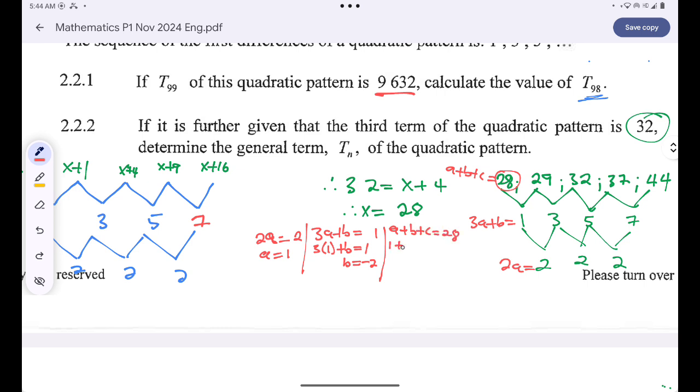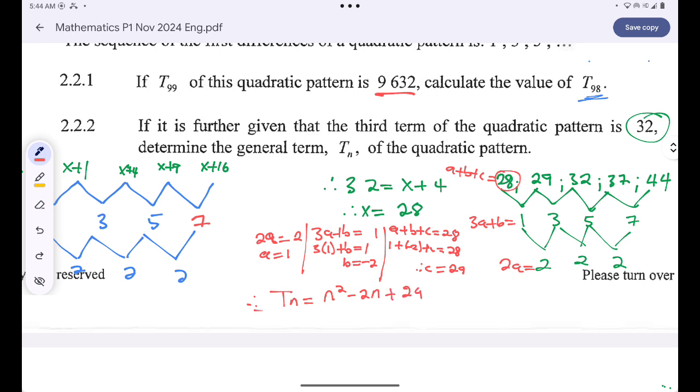A is equal to 1, b is negative 2, therefore the value of c is just equal to 29. And hence, the nth term is just equal to an squared, that's n squared, plus bn plus c.